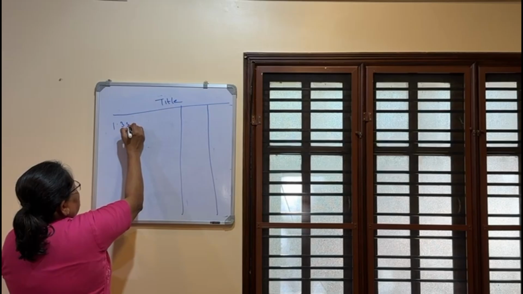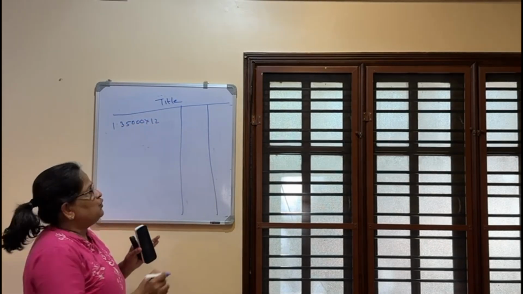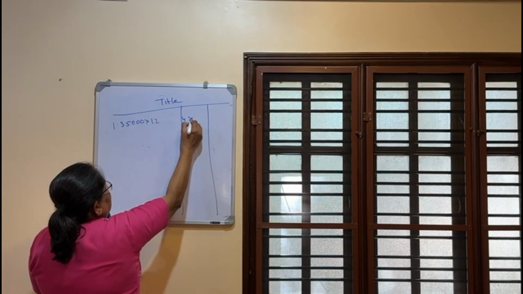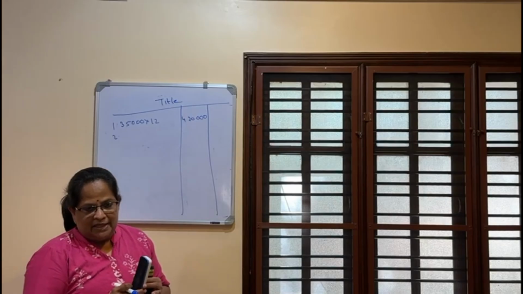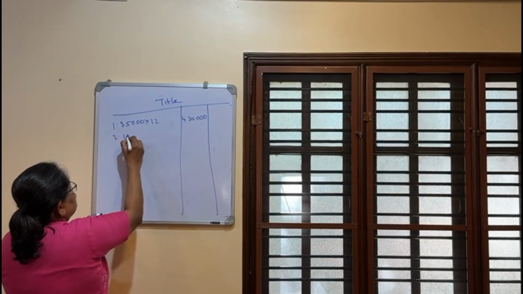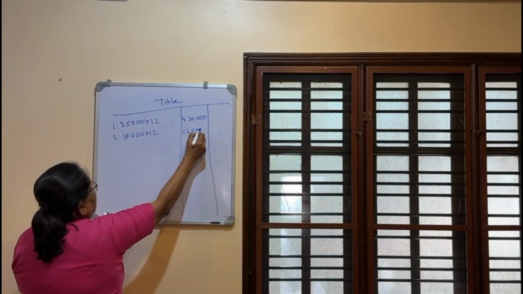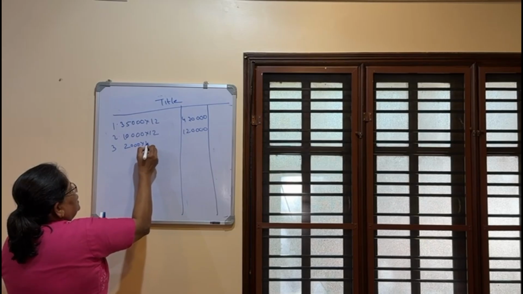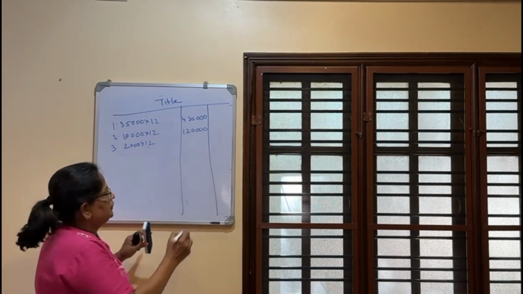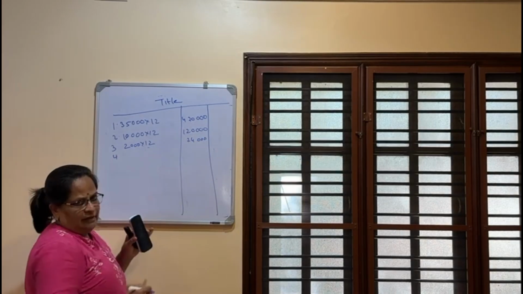Basic salary 35,000 into 12. The value is 4,20,000. Second is DA. DA 10,000 into 12, 1,20,000. Third is CCA. 2,000 into 12, 24,000. And his HRA.